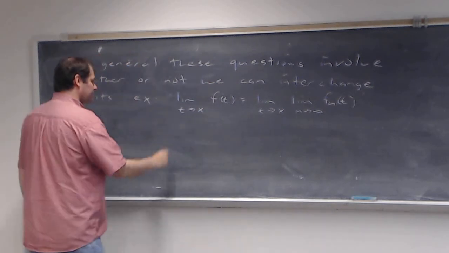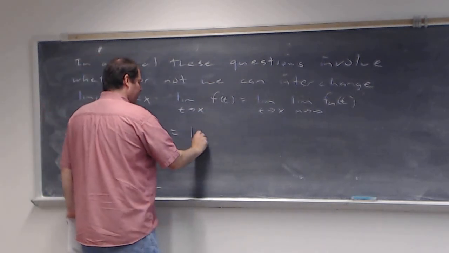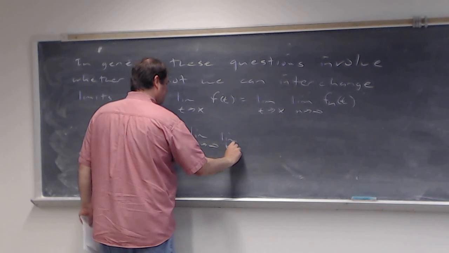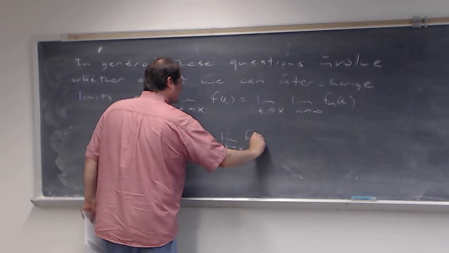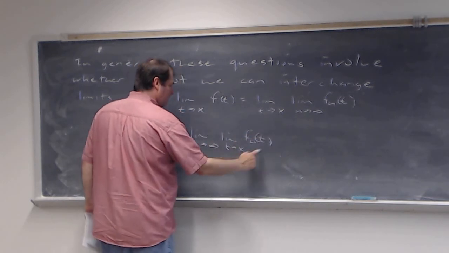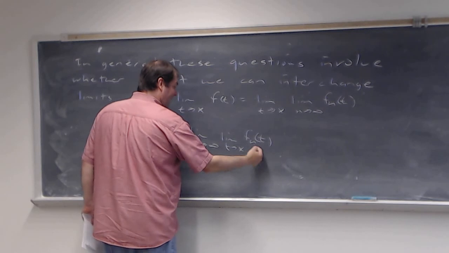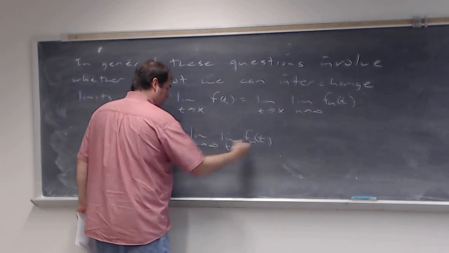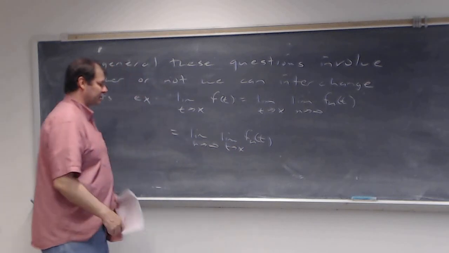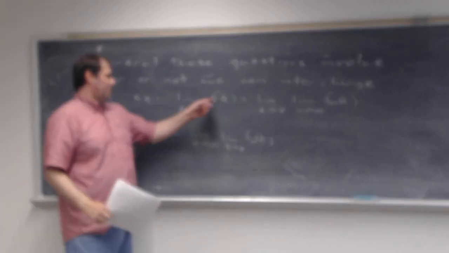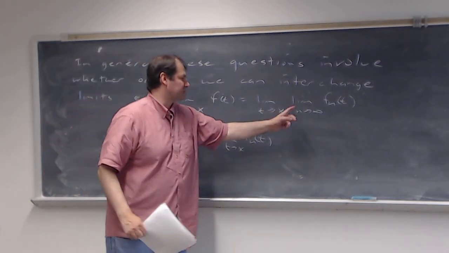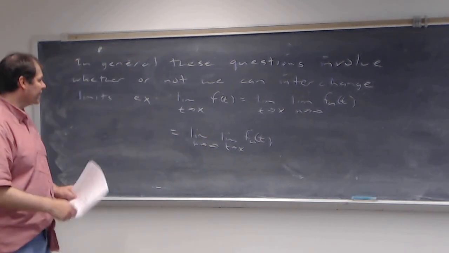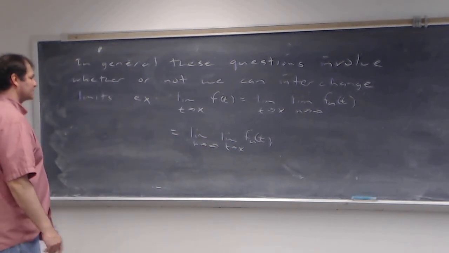And the question is, is that equal to the limit as n goes to infinity of the limit as t goes to x of f sub n of t? So this gives continuity at x for each n. And when we take the limit as n goes to infinity, do we get the same thing as taking the limit as n goes to infinity first and then looking at the continuity of that resulting function? That's what we're being asked about.